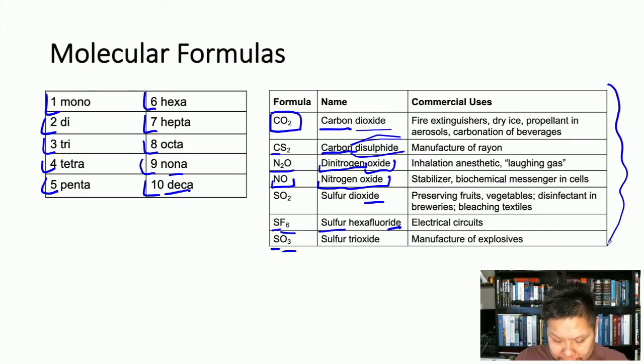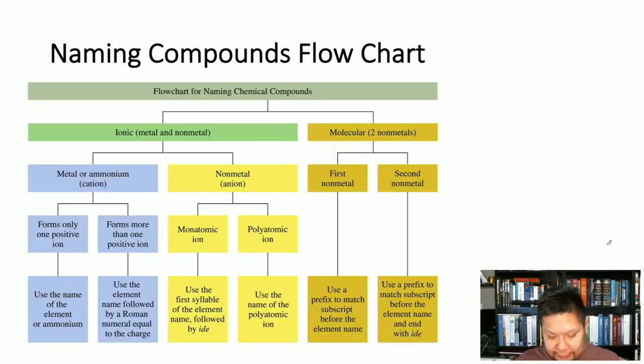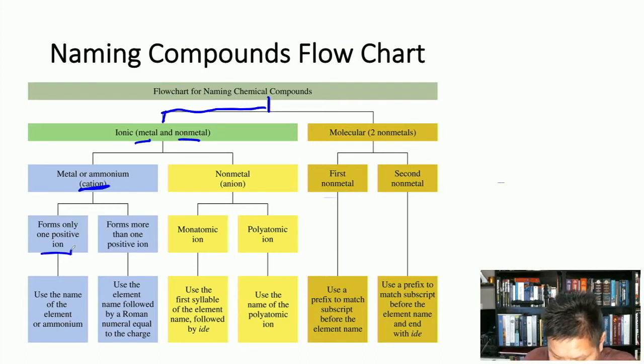So the next slide is just a handy dandy flow chart that helps you name compounds, both ionic and molecular. Let's go down the flow chart and go over to ionic. Ionic is always between a metal and a nonmetal. The metal, or ammonium, is always known as the cation because it's always positively charged.